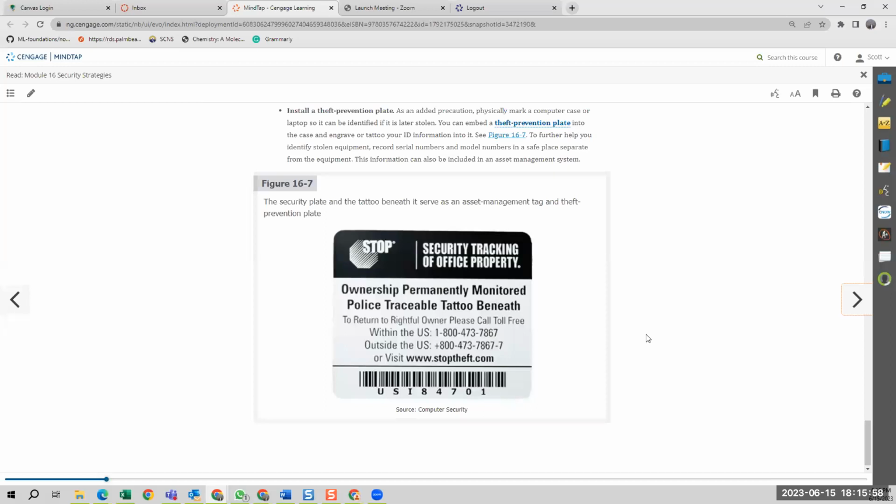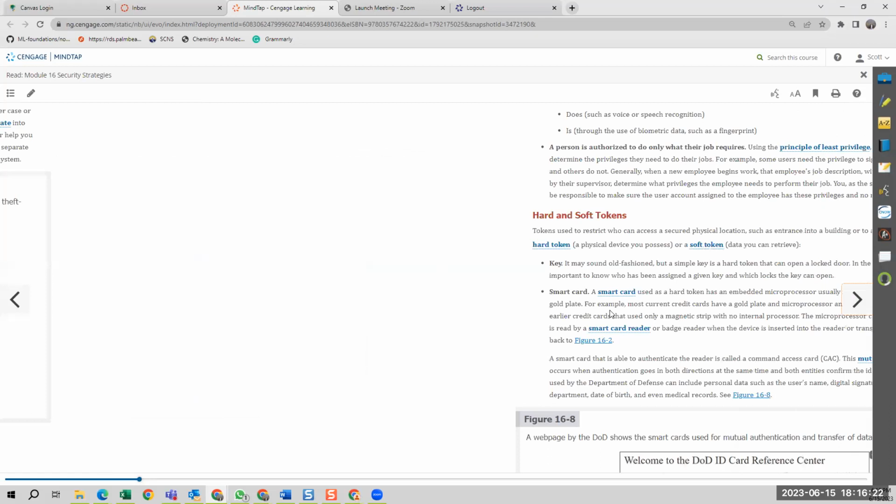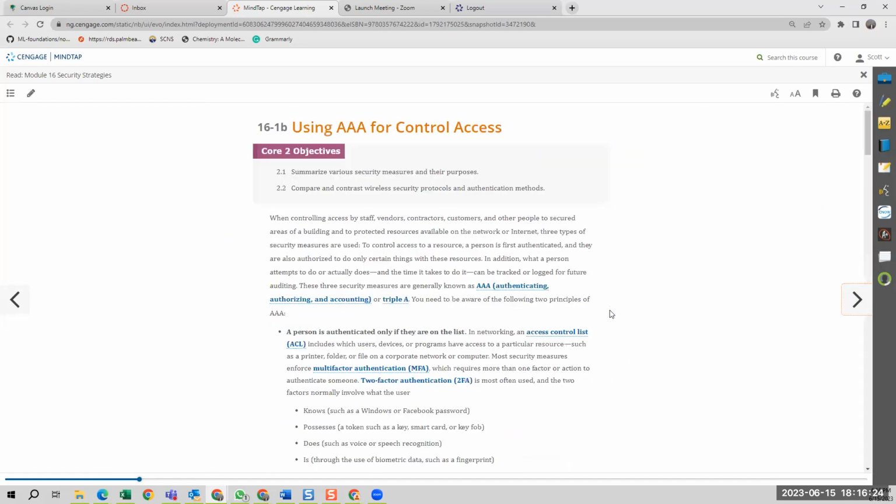We can do this with RFID chips, where a sensor would notify administration if something had passed by a sensor or had gone beyond the range of a sensor. So there's a variety of different ways that we can keep things from leaving and keep track of the resources.